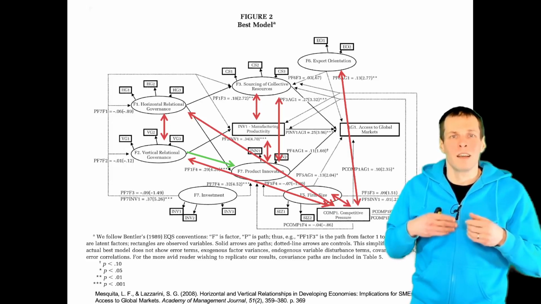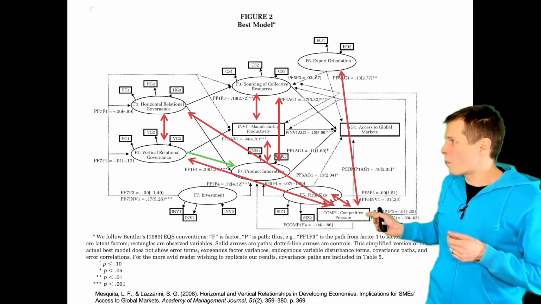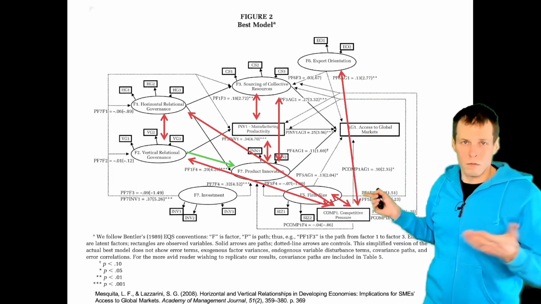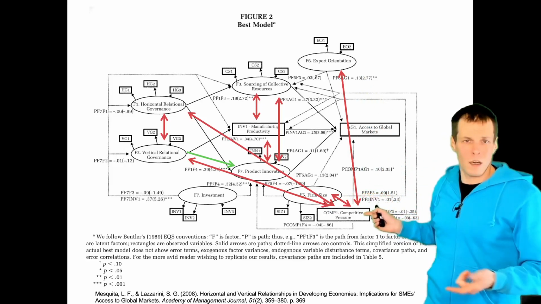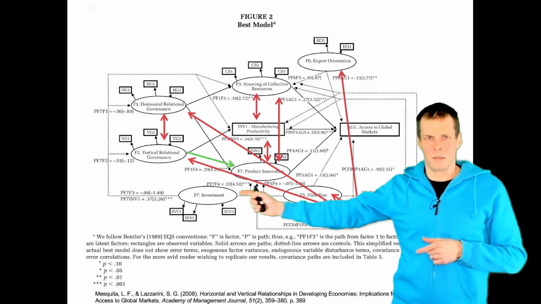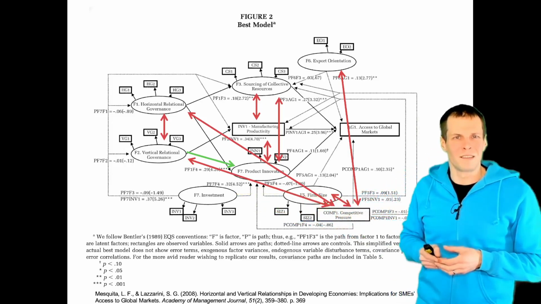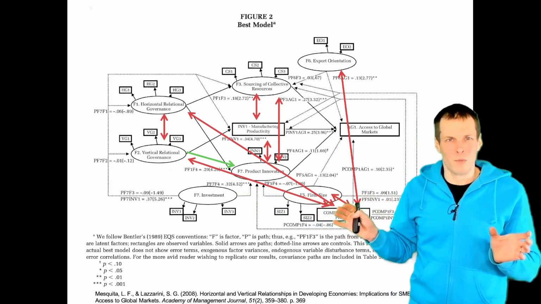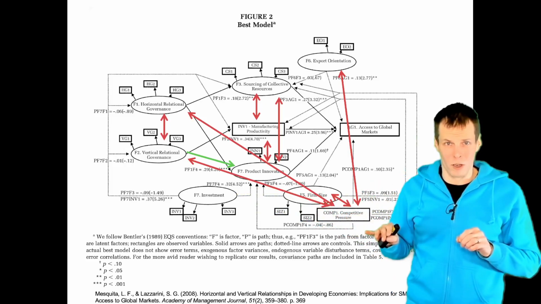And then they add these covariances. Competitive pressure is correlated with firm size, with export orientation. Well, controls should be correlated, but it's considered to be uncorrelated with investment, for example. So investment and competitive pressure are supposed to be completely unrelated according to their model.